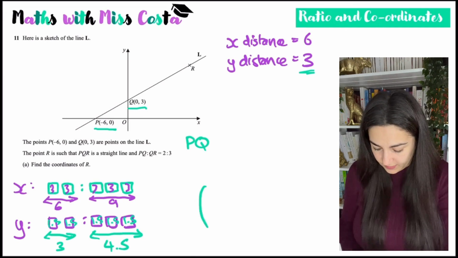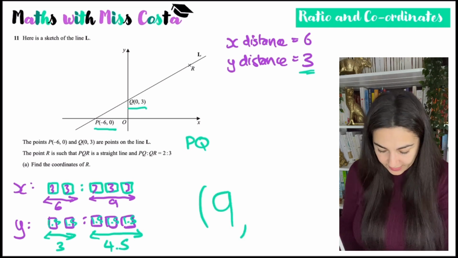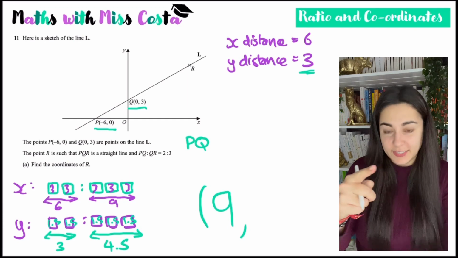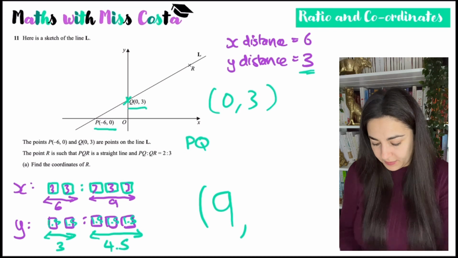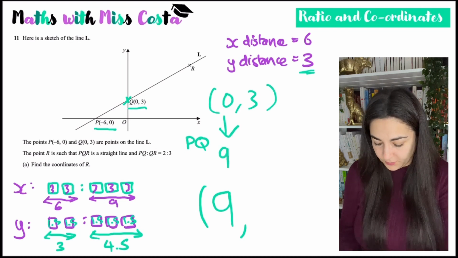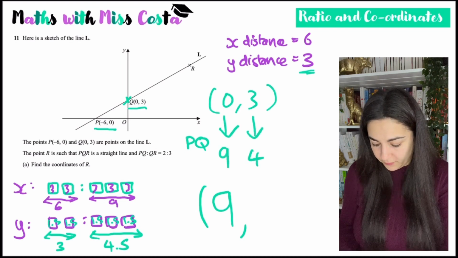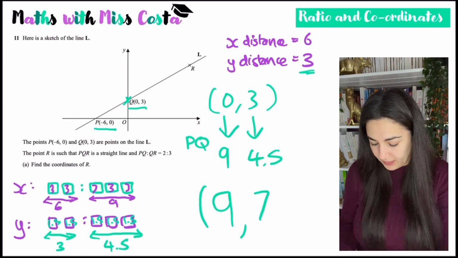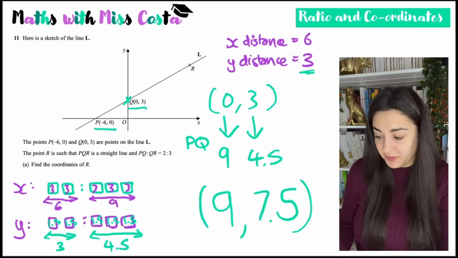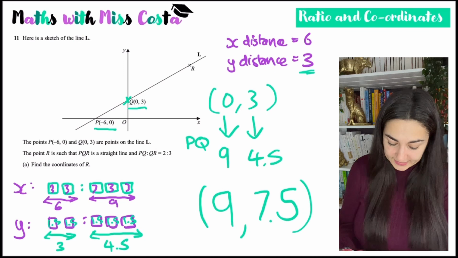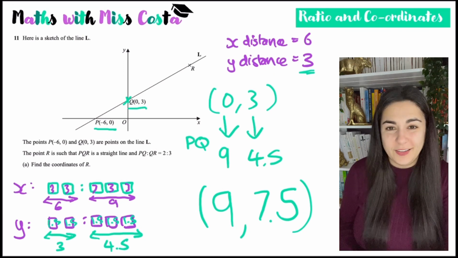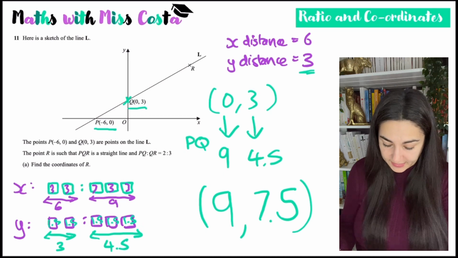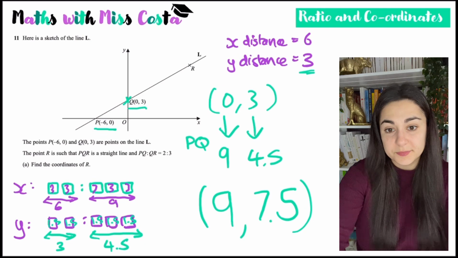So the x coordinate would be 9. Because my starting point over here is 0. So from 0, 3, I'm going to add on 9 to the x coordinate and 4.5 to the y coordinate. So that would be 9 and 7.5. There are lots of ways of doing this. This is just done one way with ratio. It might be ratio that you need to touch up on if this isn't making sense, or just an understanding of the graphs.